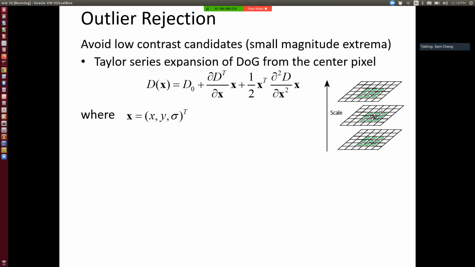Because we can approximate the partial derivatives along x, y, and the scale direction, and also the Hessian, we can do a Taylor series expansion to find the real maximum. It's still actually an approximation.